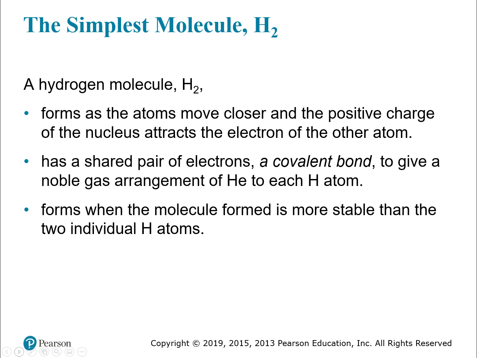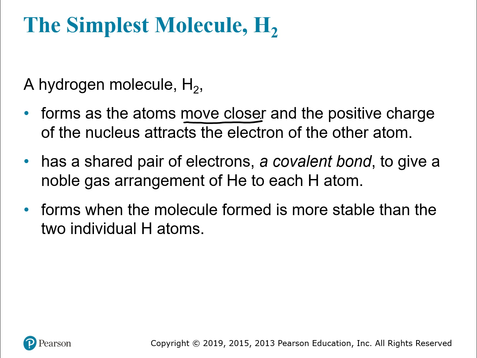The simplest molecule that you can have is a hydrogen molecule. It's just two hydrogens bonded together. To form this molecule, the atoms have to move closer together. And the positive charge from the nucleus of one hydrogen atom attracts the electron of the other hydrogen atom.